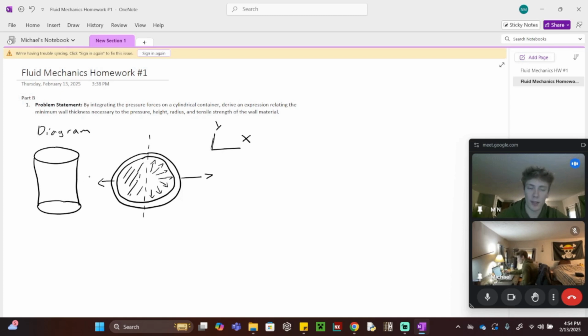And we are going to look at the cross-sectional area as our limiting factor for our cylindrical container. So the cylinder is now being held by the material of our wall. So we're going to label this as big T for wall thickness.